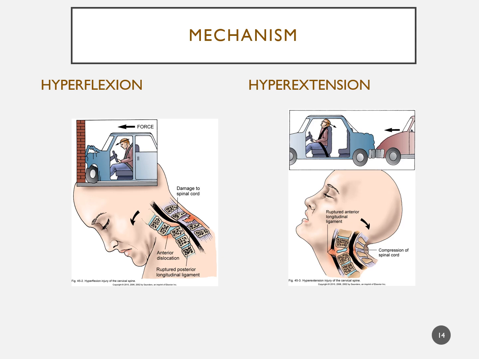Looking at the mechanisms, when you look at these photos here, the photo on your left, the hyperflexion, that can be a car crash where your head is being shot forward and then backward. You have that hyperflexion where it's really bent severely and the vertebrae may actually push into that cord area.